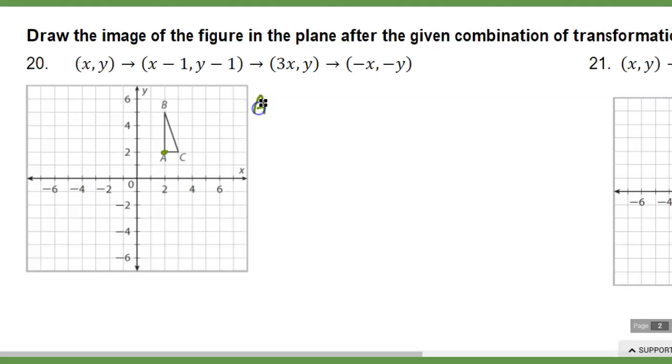So we got point A is 2, 2. Okay. And then we have point B, which is 2 comma 5.